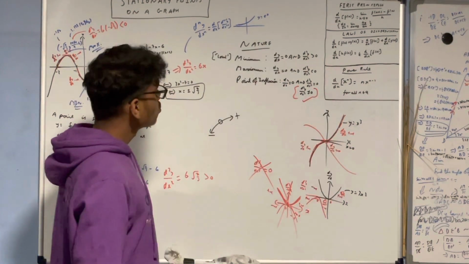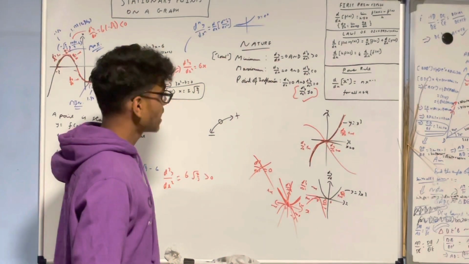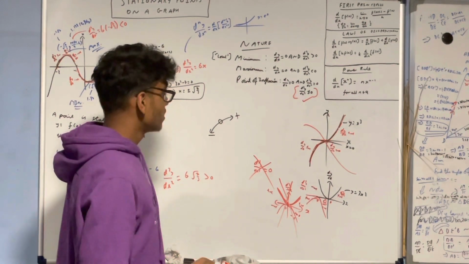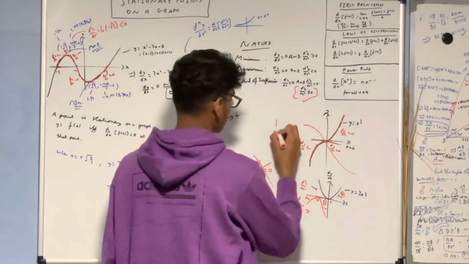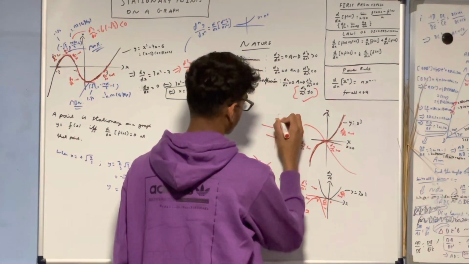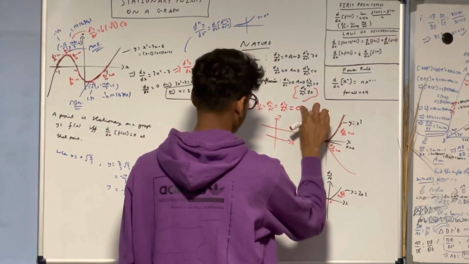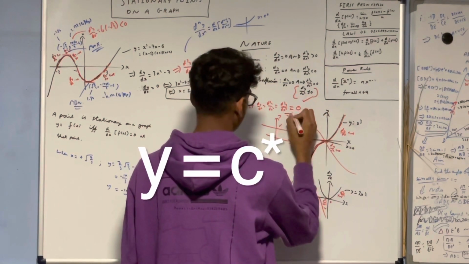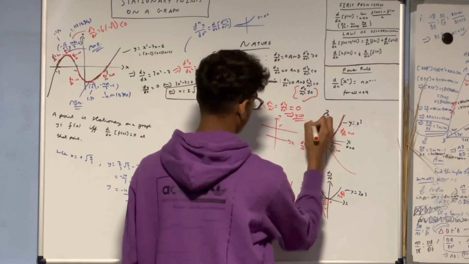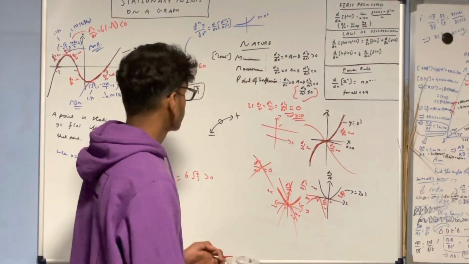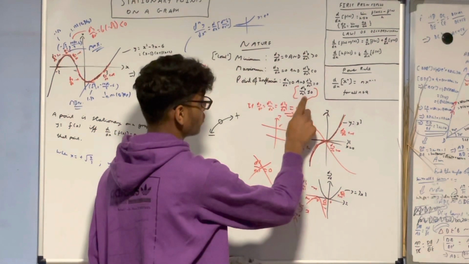And if all three were equal to 0 at some point, then the only way that could be is if we had a completely stationary graph. If these are all equal to 0, then this implies that y is equal to 0 for all values of x. And that's why points of inflection can't have the third derivative equaling 0.